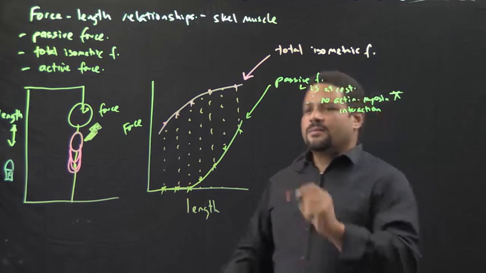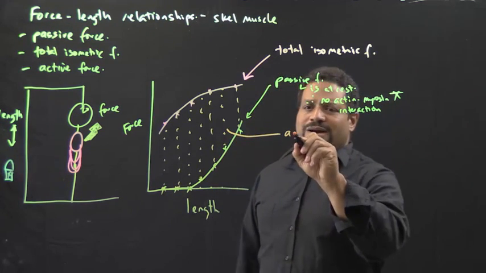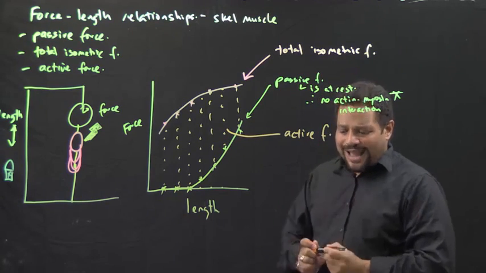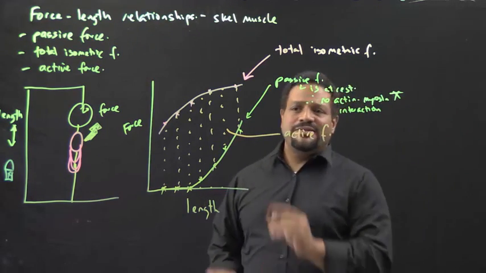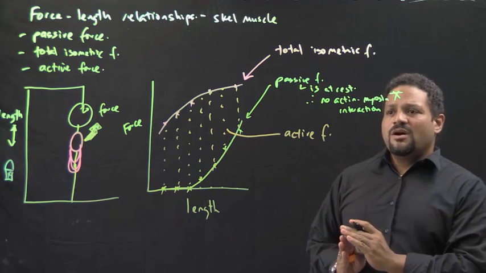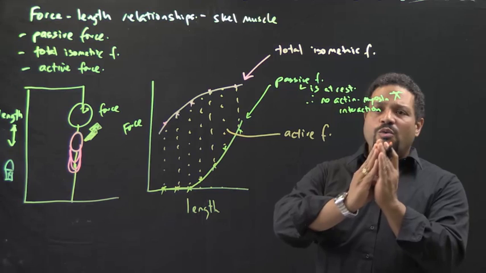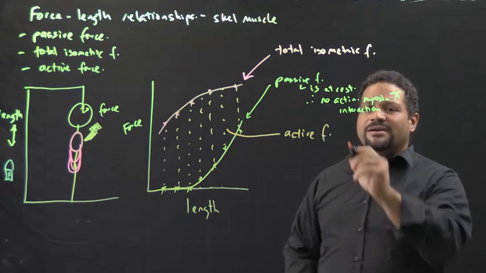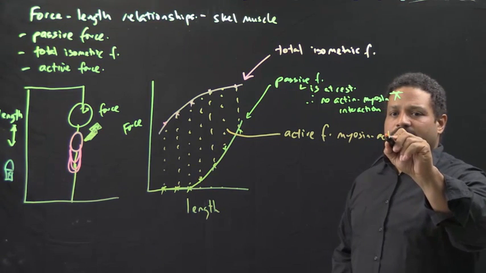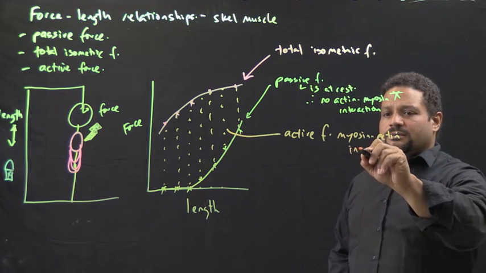All of that is your active force. Why is it called active? That's because that's the force generated when you stimulate the muscle. That's the force only generated by the myosin and actin interaction.